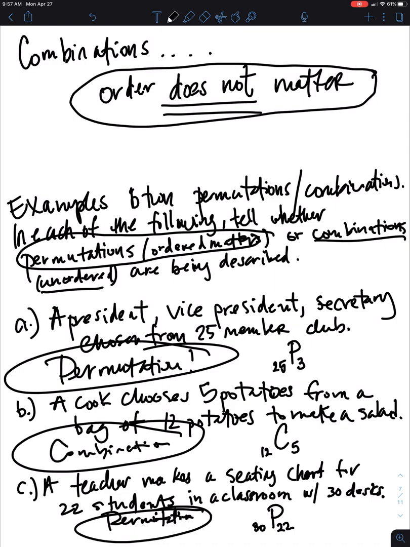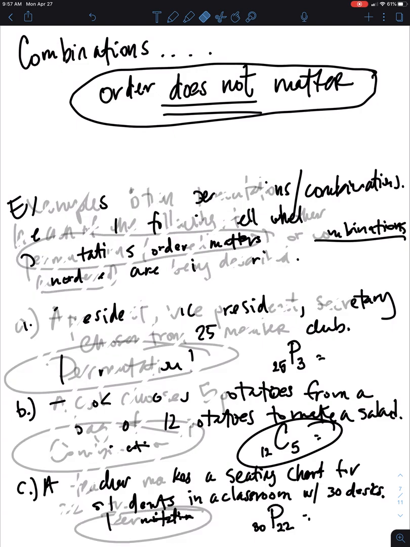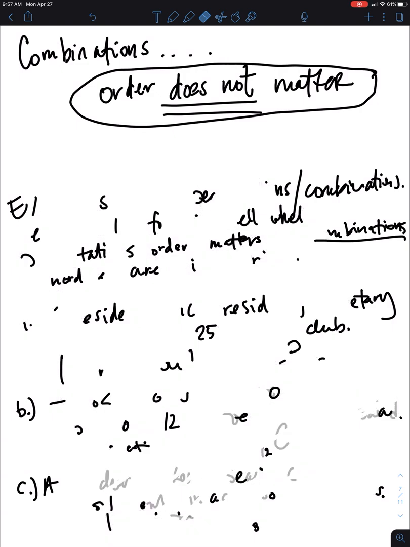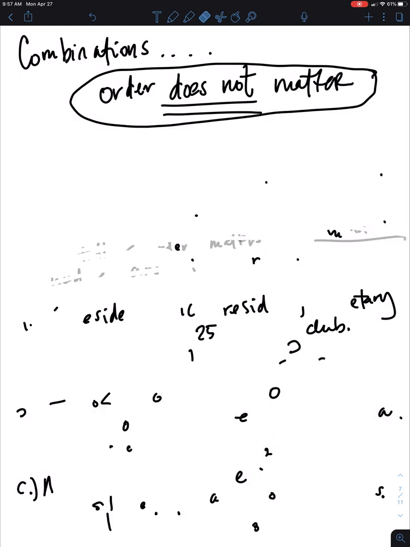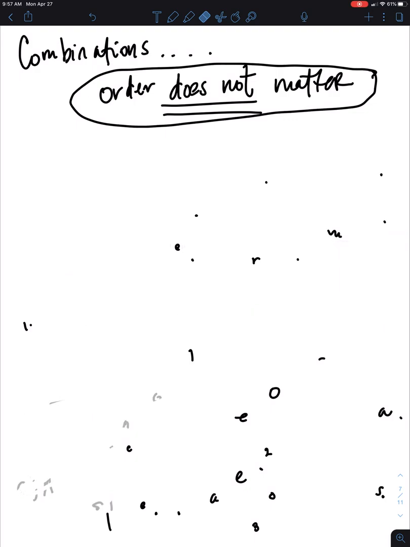And those you would put in your calculator and get the answers. I haven't given you this formula yet. I'm about to do that. I'm going to erase this really quick because I already made an example on the next page and forgot this very important part of giving you the formula.